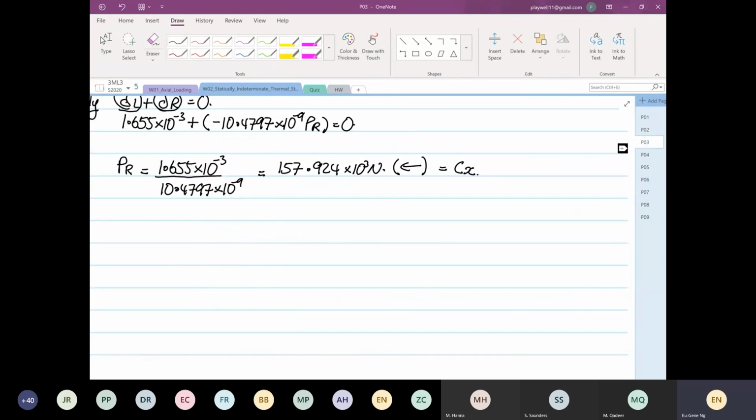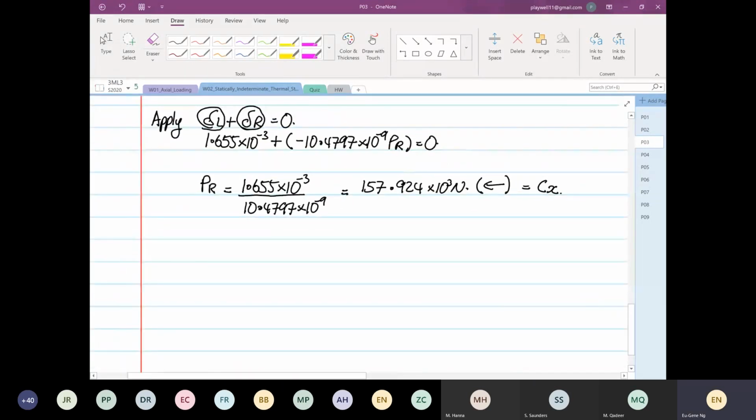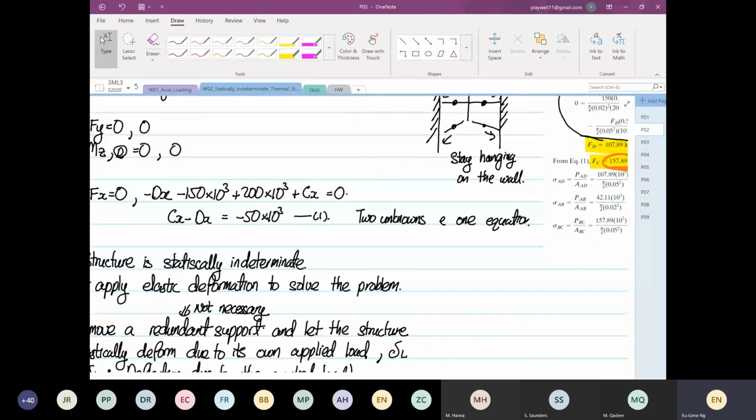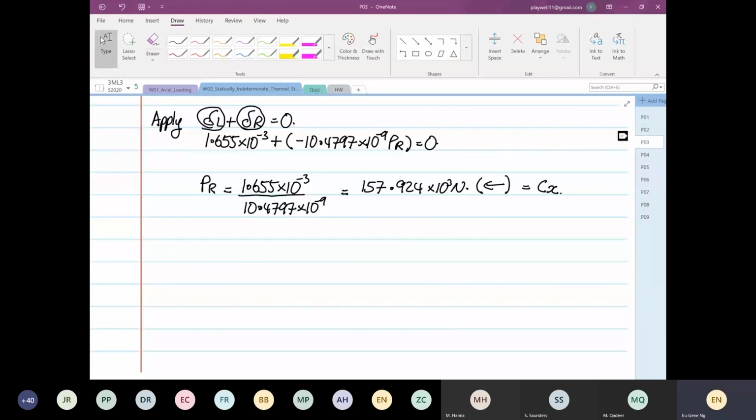So the next thing that we do, we're going to apply CX. All right, we have formed this equation. So we're going to apply equation number 1. Did we call it equation number 1? Yeah, we're going to apply equation number 1. So CX, right? CX.